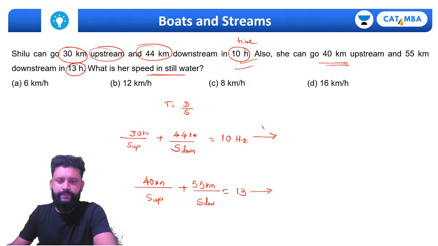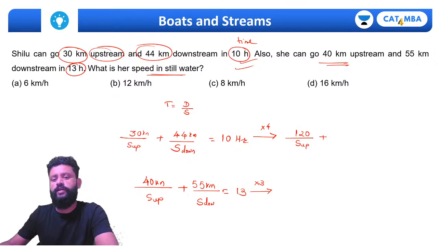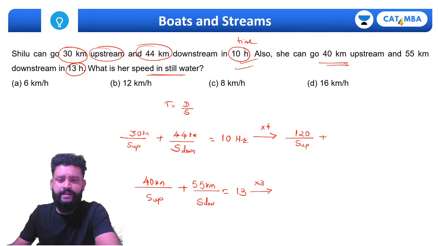What we'll do, we'll multiply the first equation by 4 and we'll multiply the second equation by 3. What we'll be getting: 30 into 4 is 120 upon speed of upstream plus 44 into 4, 40 into 4 is 160 plus 16, it is 176 upon speed of downstream.